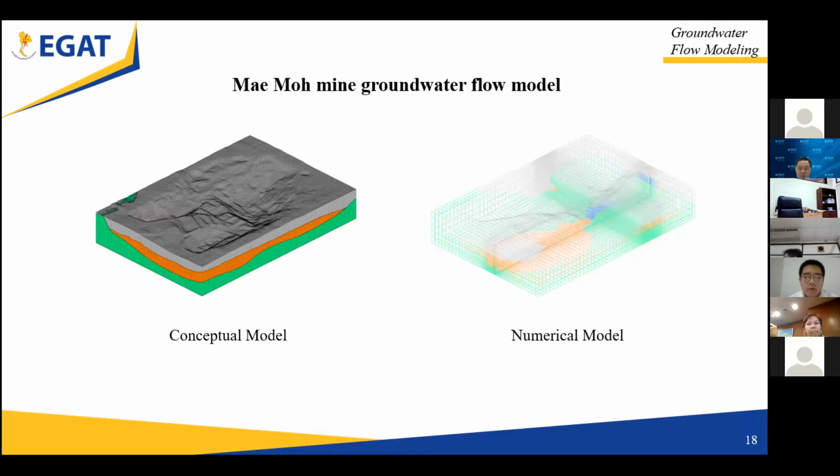It consists of 46,000 nodes and 37,000 cells oriented parallel to Mammoth Mine, and the boundary condition, initial condition, aquifer parameters, and hydrogeological state are assigned. Then the model simulates in transient state, with calibration run into prediction.